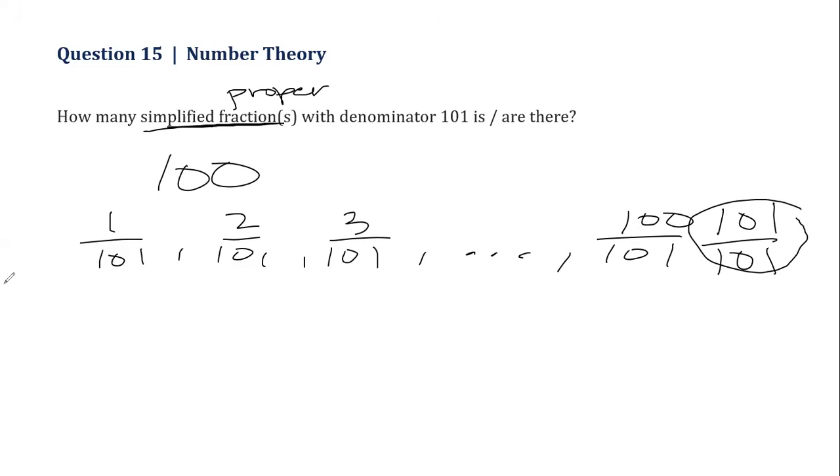Clear. So the answer is 1. No, the answer is 100 because 101 over 101 can be simplified. Therefore, it is not in its simplest terms. The other 100 fractions cannot be simplified anymore.